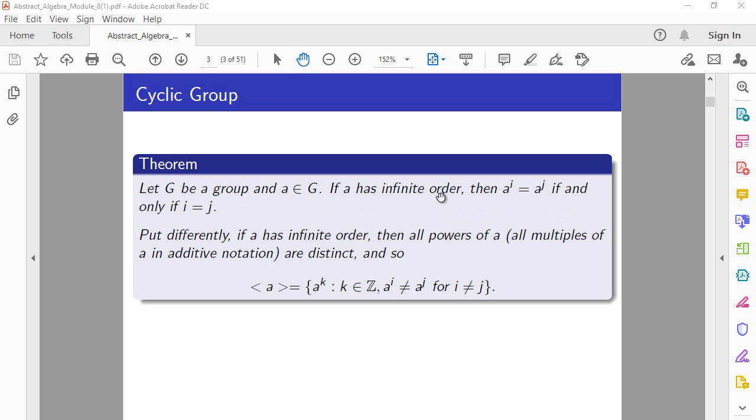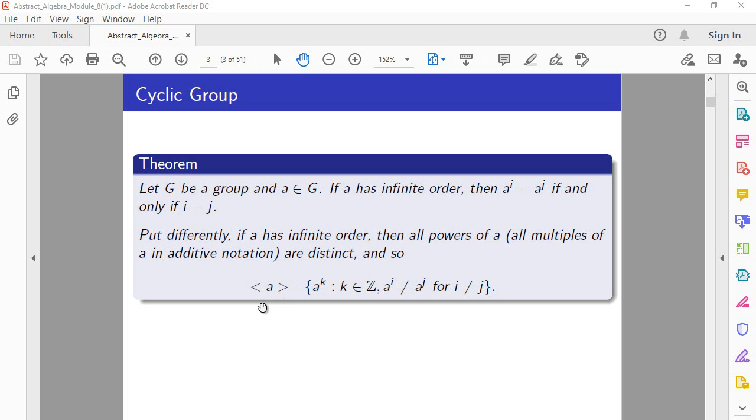If A has infinite order, then A to the I is equal to A to the J if and only if I and J are the same. So put differently, what we are saying is that if A has infinite order, then all powers of A are distinct.